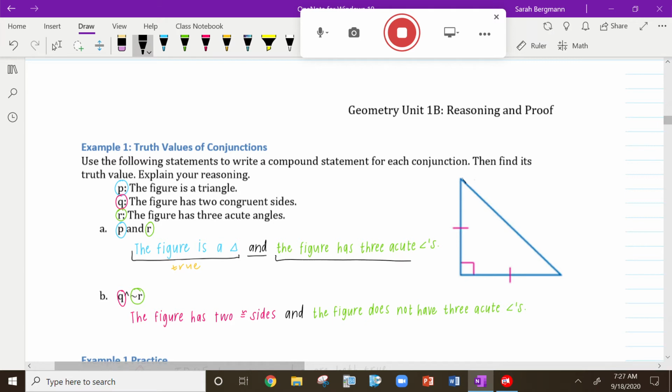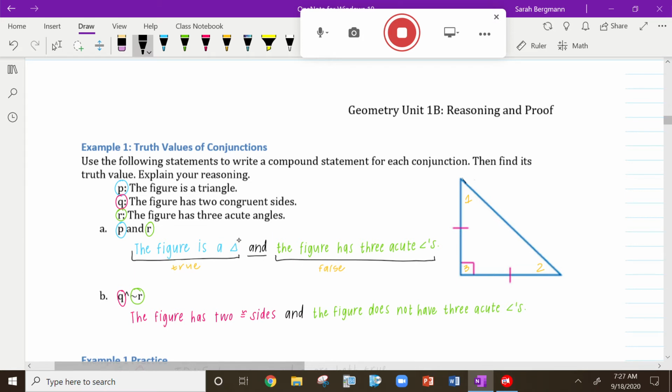The figure has 3 acute angles. This is false. Notice it has 1, 2 acute angles. However, the third angle is a right angle. Angle 3 on my picture, how I labeled them, is a right angle. So that's false.